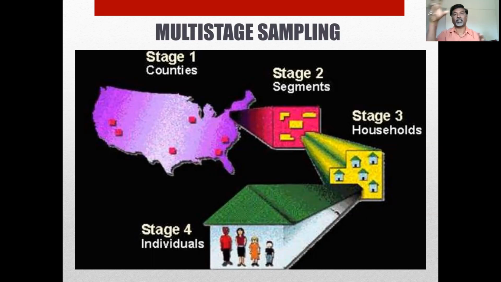So on the basis of those strata or stages, we select samples to fulfill the research objectives. So in multi-stage sampling, we collect samples in a number of stages, from cities, from tehsils, from districts, from states. In this fashion, from each stage we are selecting a sample. That is called the multi-stage sampling method.